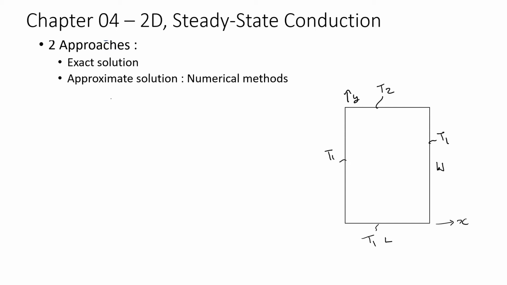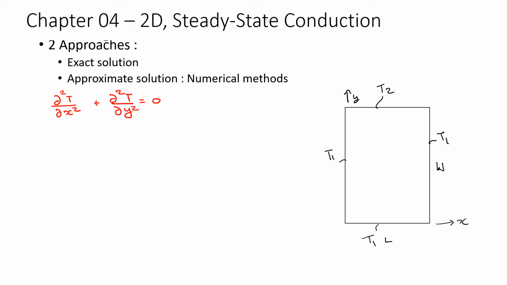And there are two approaches of solving the heat diffusion equation in 2D. So before we solve it, let's look at what the heat diffusion equation looks like. Our heat diffusion equation will be del square T by del x square plus del square T by del y square equals 0, assuming that our heat conduction is in x and y direction.